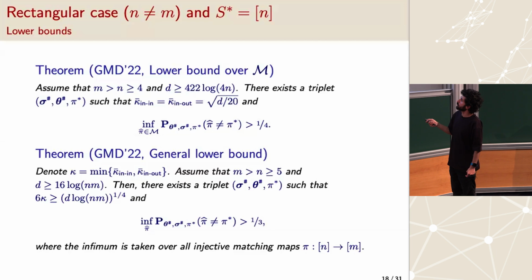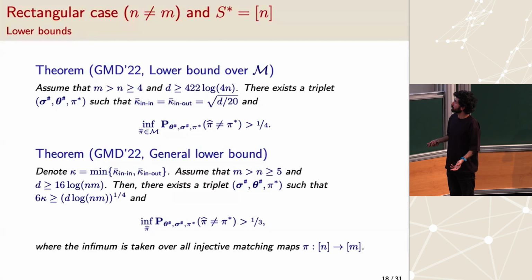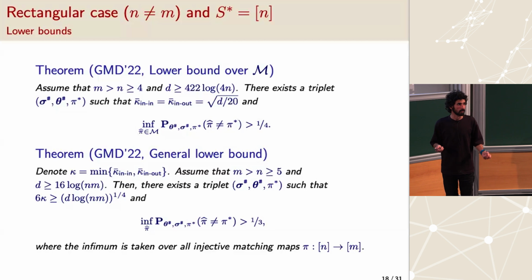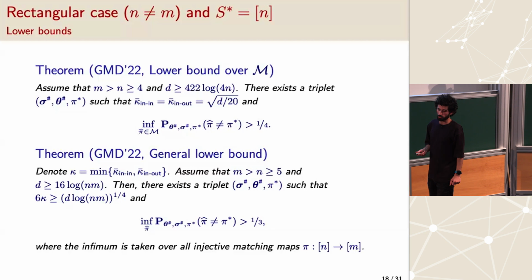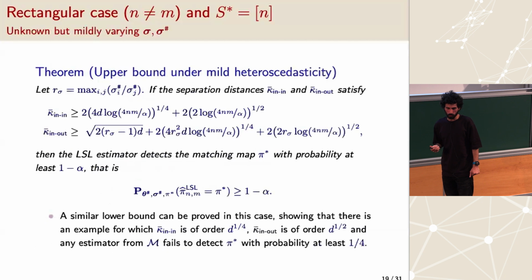So even if we do not take into account all distance-based estimators, but something completely different that might not be based on the distances, then if kappa is larger than d log n to the power 1/4, then again it's impossible to detect pi star with constant probability.